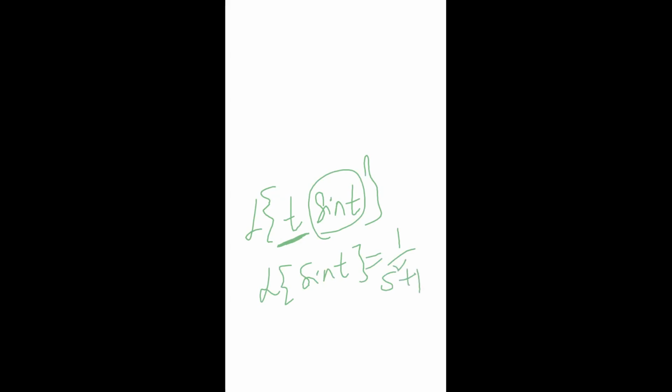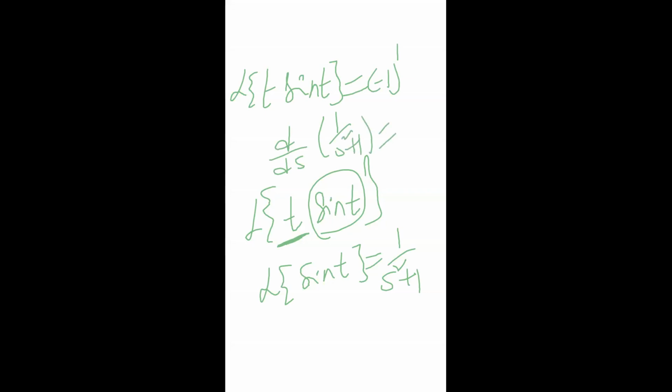So now we have to apply the multiplication by t power n. So L of t, here the power of t is 1. So taking minus 1 power 1 and one time the differentiation d by ds of 1 by s square plus 1. So the derivative of 1 by x is minus 1 by x square, so s square plus 1 whole square, and the internal derivative is 2s.